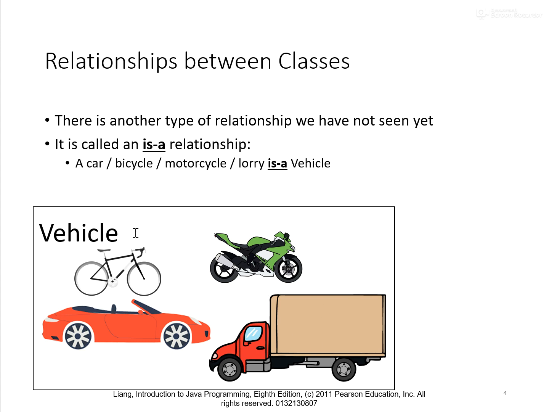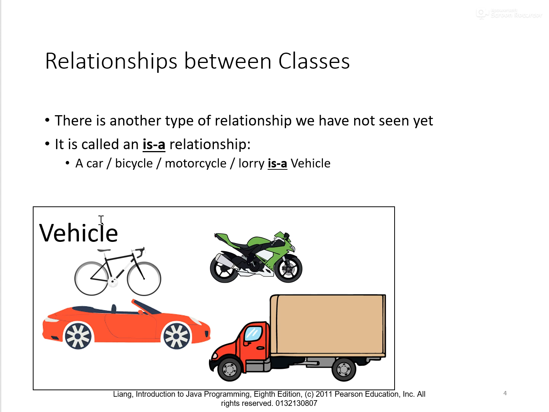If we had 5 classes over here, let's say one class called vehicle, which contains methods and data members that are common to all of these vehicles, that could be one class. And then we could have separate classes for bicycle, motorcycle, car, and lorry, and those could contain data members and methods that only make sense for each of those vehicle types.